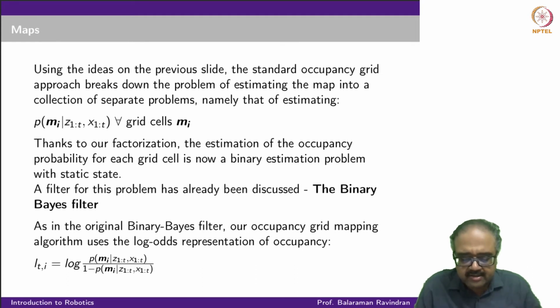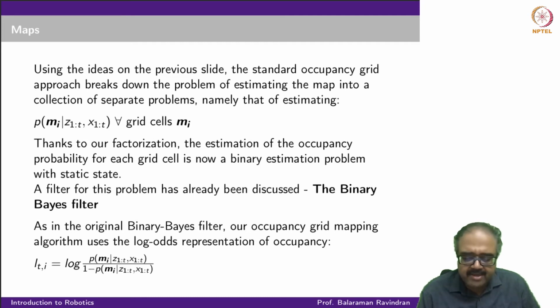So we already looked at this. We already looked at the binary Bayes filter with static state earlier, and we already looked at the algorithm. So all we really need to do now is to apply that algorithm. Instead of looking at the state x given a sequence of observations, I'm going to look at the probability of m_i given the sequence of observations and the sequence of states I have seen.